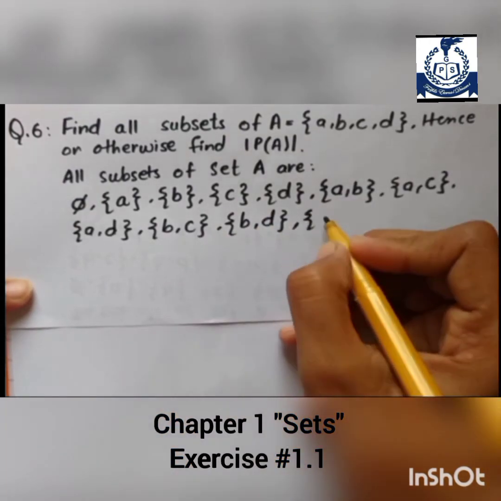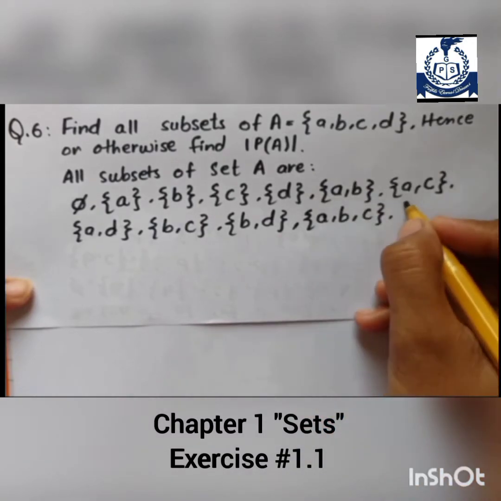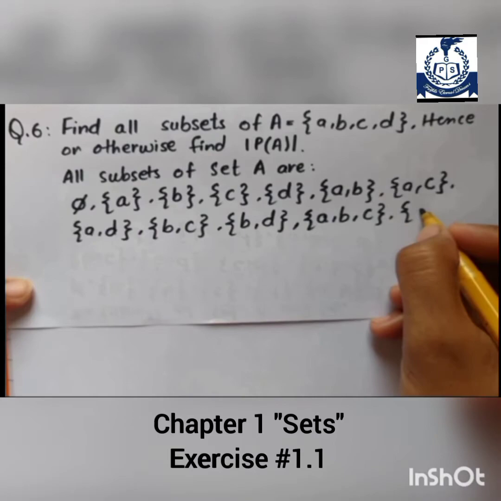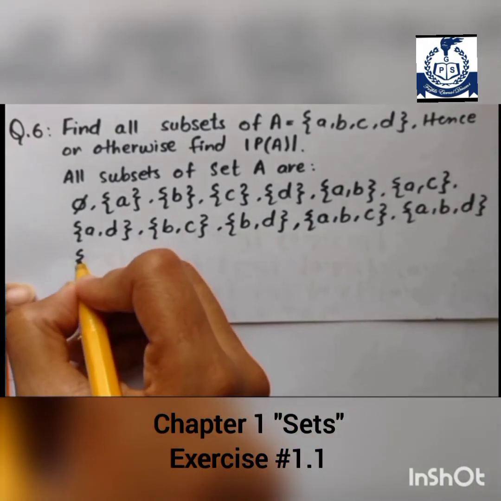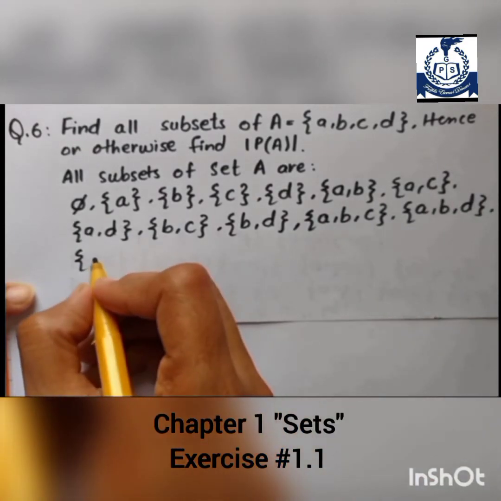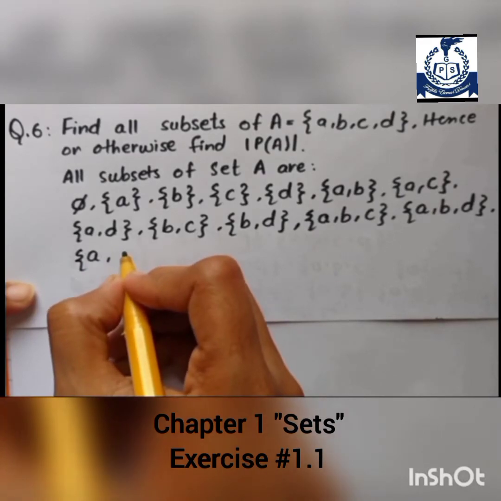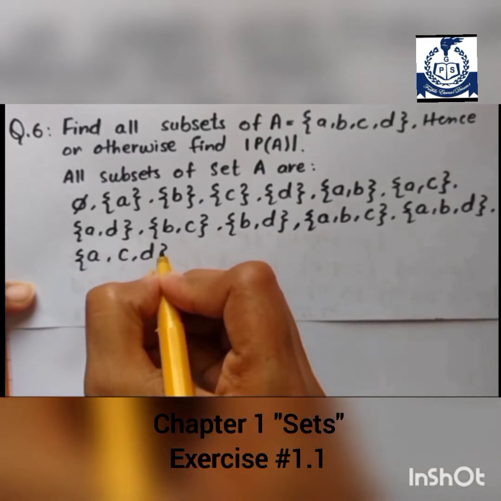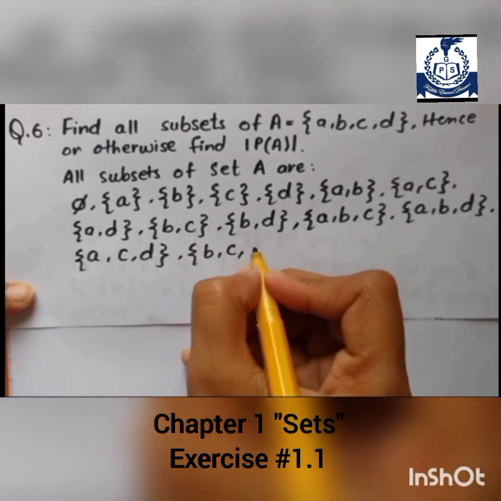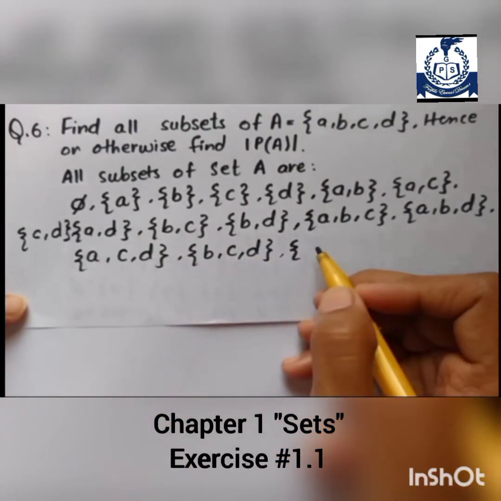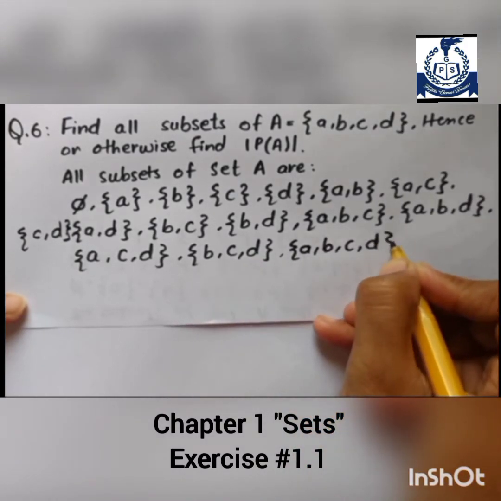Then we start to make a pair of 3: a, b, c; a, b, d; a, c, d; b, c, d; and last is a, b, c, d.